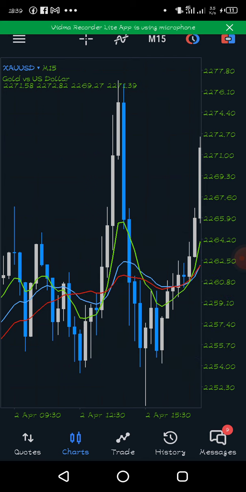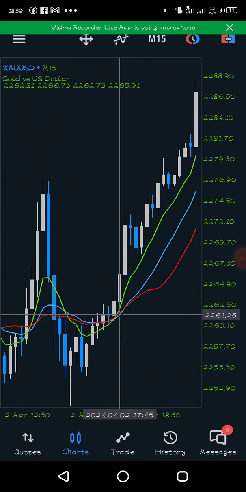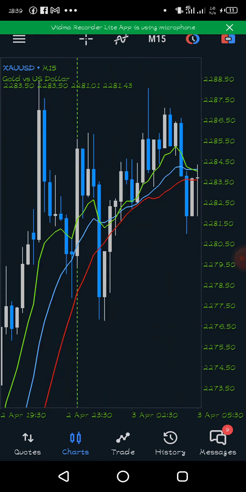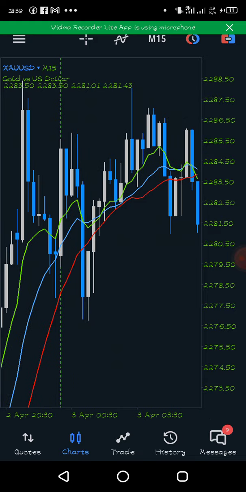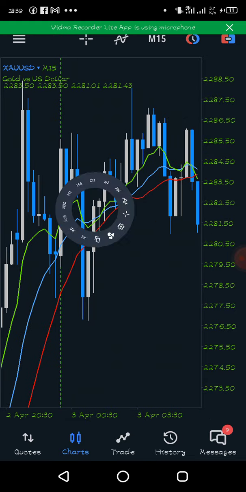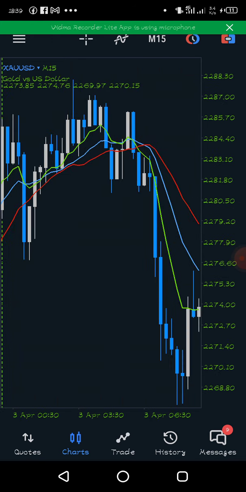And here we also have the time to buy as it crosses, and boom, we are moving to the upside. Now we can close around this point, waiting for an upside. Then you take another trade from this point, then you can close again around this point.